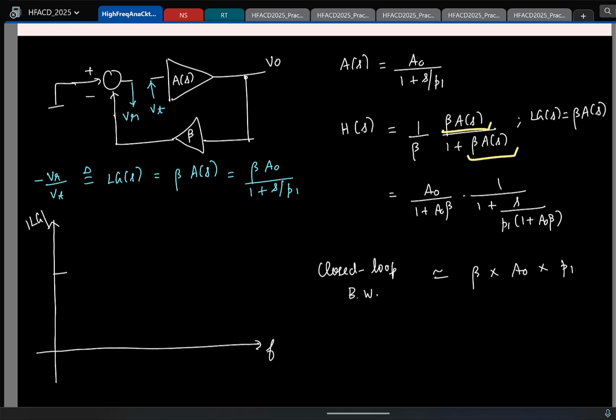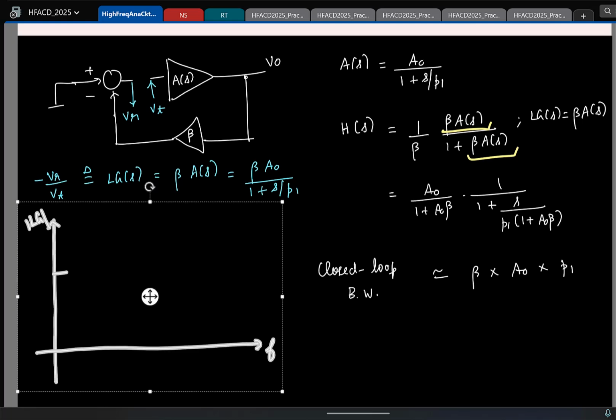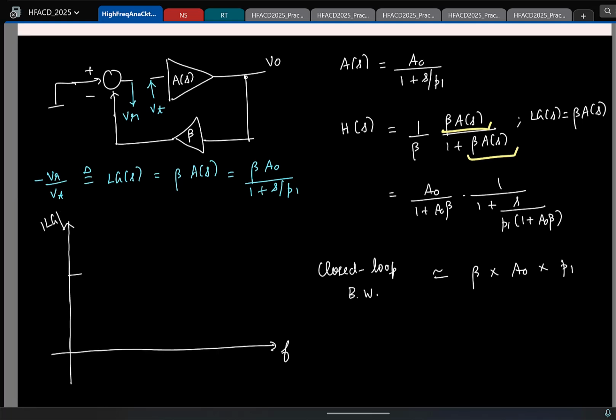So it is starting with some beta A naught, and then you get the pole here, P1. And remember, when we plot this Bode plot, things are in log scale, so I am actually plotting the magnitude of loop gain in dB. So this is 0 dB.